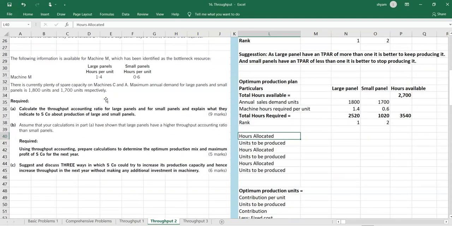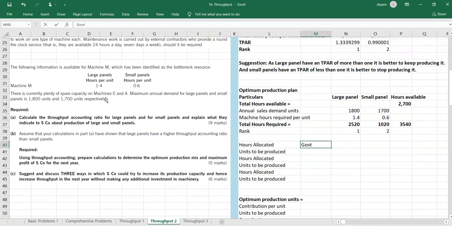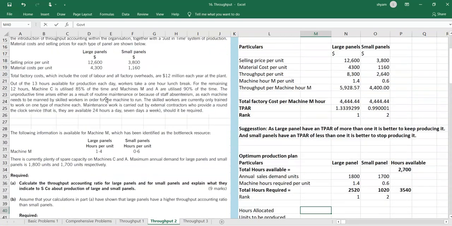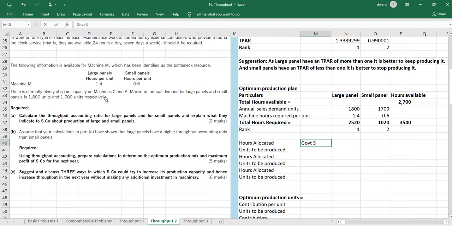So definitely they have to first give to the small panel, and that is because of the government contract. So I think it is a government contract there. Okay, it's a government scheme. The government scheme says that you have to produce 1000 units and give. If you produce 1000 units, it will take 600 hours.